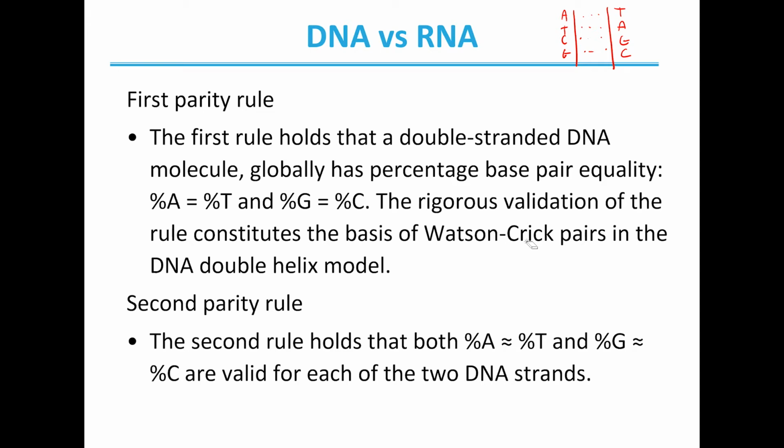Now, within one strand of DNA, generally, it still does hold true that the amount of A present is about equal to the amount of T present, and the amount of G present is equal to the amount of C present. Now, when we just talk about a single strand of DNA, the reason that this still kind of holds true is because that single strand of DNA usually needs its pair strand, which has to have the equivalent amount.